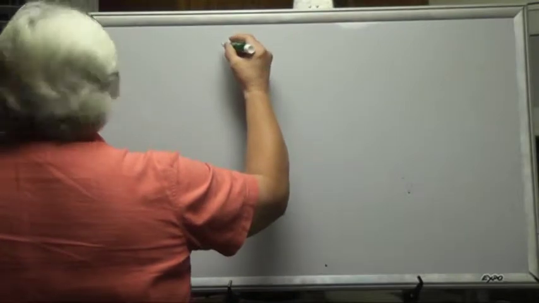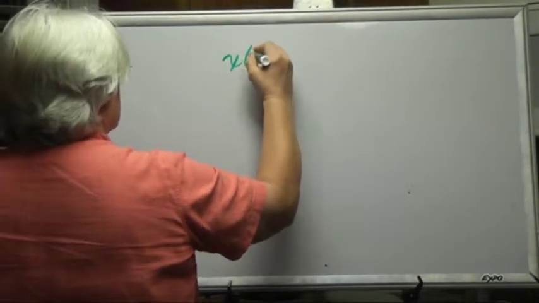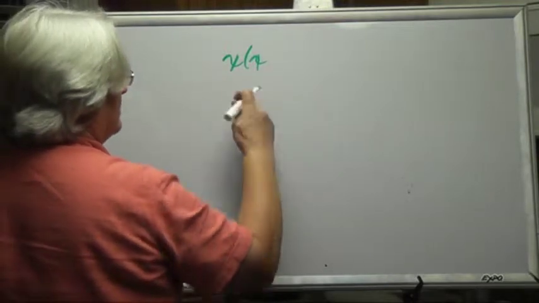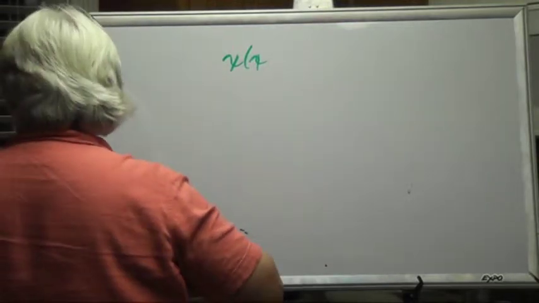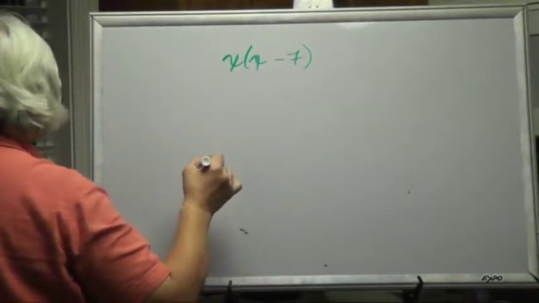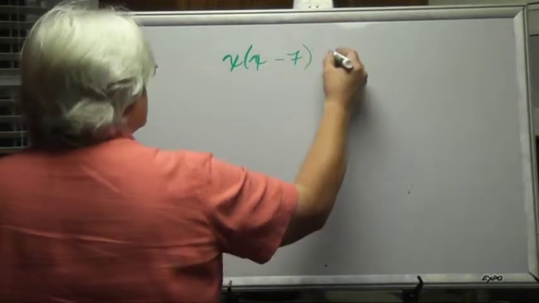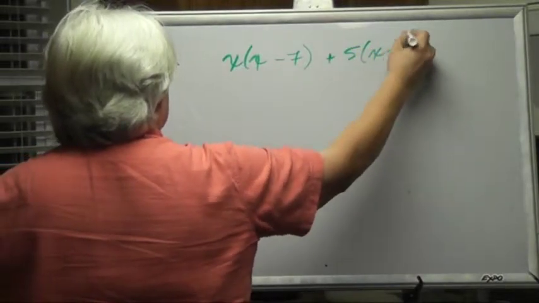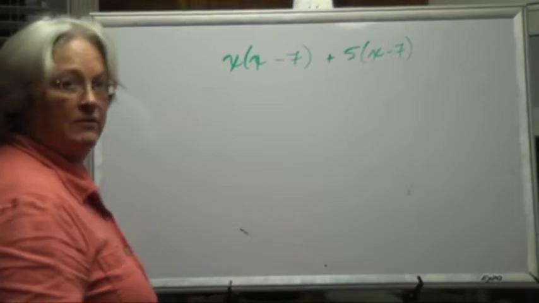This means that if we have something that looks like this, we have x times the quantity x minus 7 plus 5 times the quantity x minus 7.